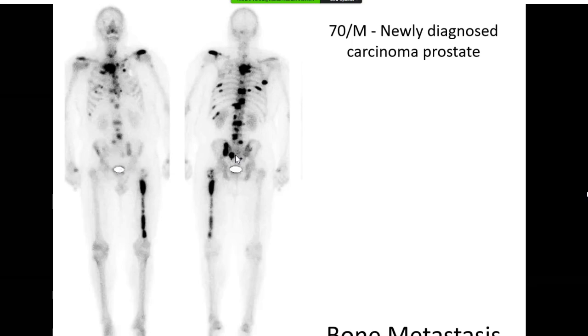The bone uptake can artifactually be reduced, and that may not be a good strategy. So often these would be shielded. So what you are looking at here is a shielded urinary bladder primarily.